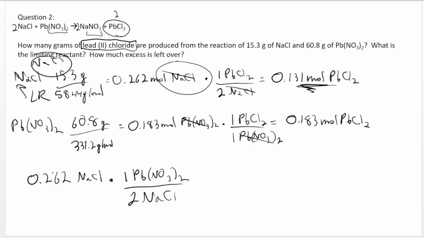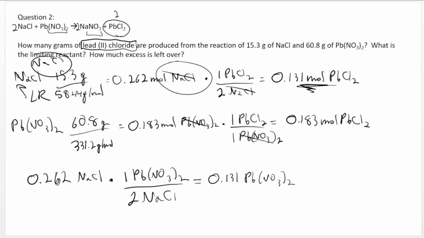This means that we're basically figuring out how many moles of the Pb(NO3)2 had to react with the limiting reactant in order to produce this product. So we will divide this by 2, and we end up with 0.131 PbCl2, 0.131 Pb(NO3)2.